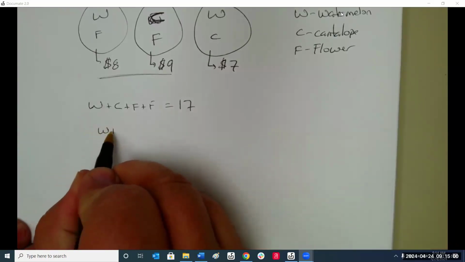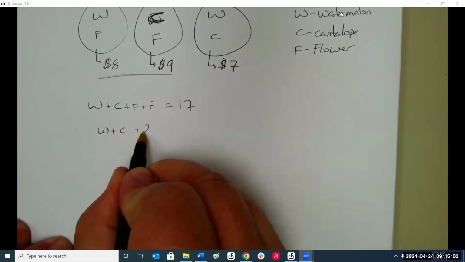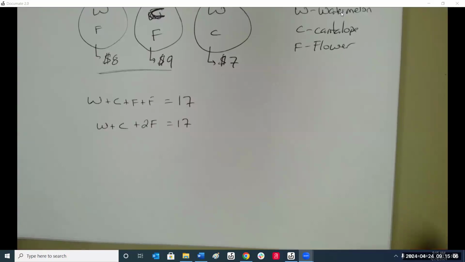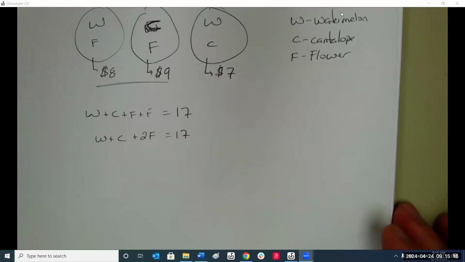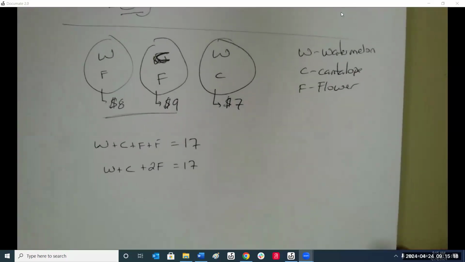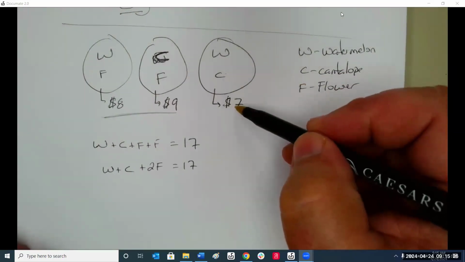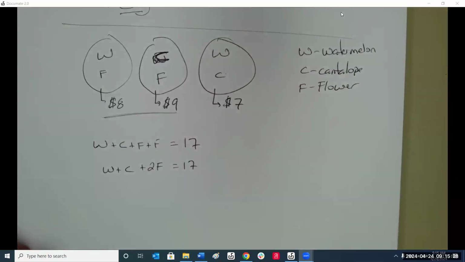So we have watermelon plus cantaloupe plus 2 flowers equals $17. And remember, the watermelon and the cantaloupe together give you $7.